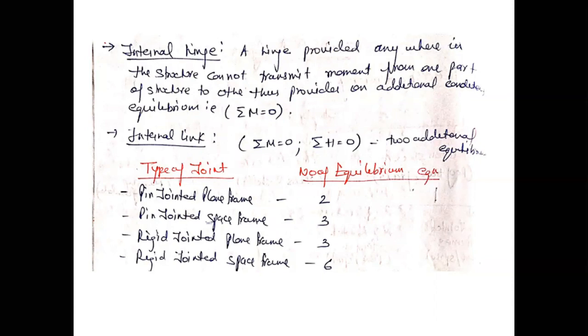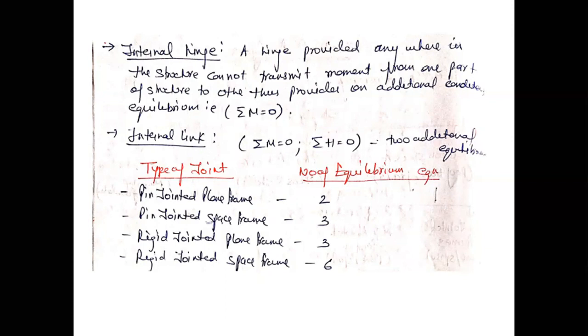So, if the hinge is located anywhere inside the structure, it will simply allow one displacement in terms of a moment. So, if an internal hinge is present, this is simply telling us that a movement is allowed on that part.